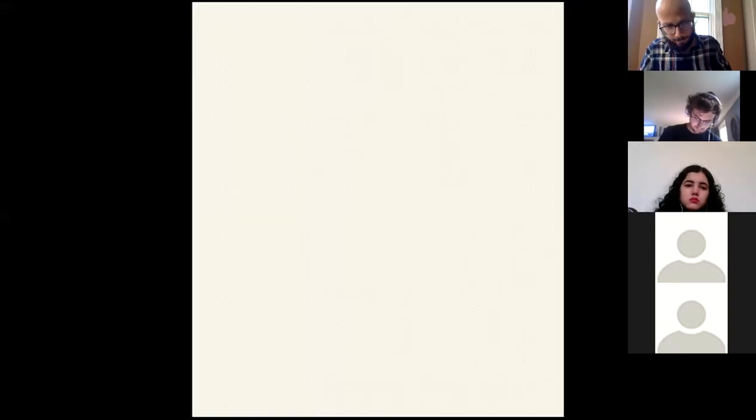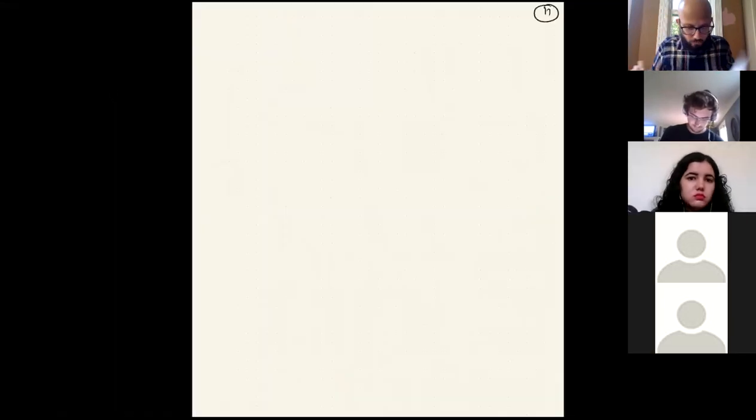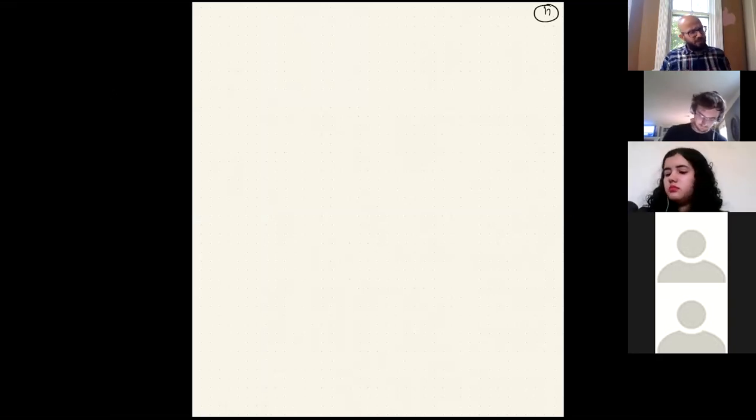So, this is page 11. Many things can be mapped onto an Ising model. For those of you who have done any material science or physical chemistry, you would remember things such as face-centered cubic crystal, right?